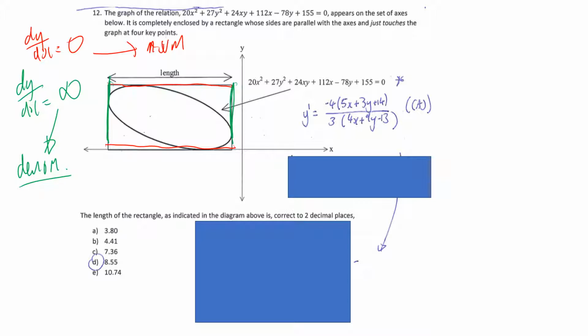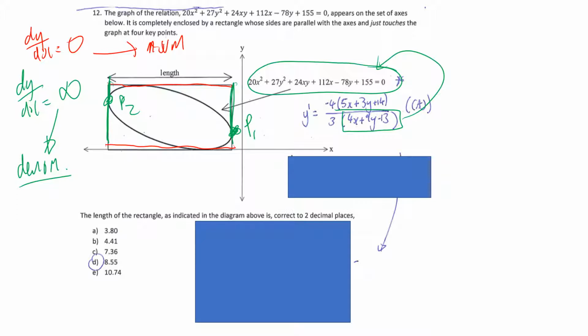Our eyes naturally go towards the function in the denominator, and the xy values where that's equal to 0 and the xy values that satisfy the original expression, so in other words ensuring that it's a point on the curve itself, will be the xy coordinates of these points here. So point 1 and point 2. So then we'll have to grab our x values of those points and work out their difference. But that's where we're going.